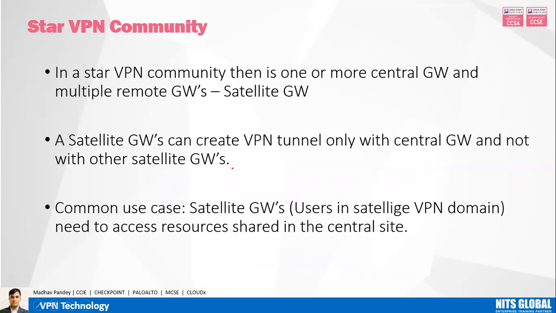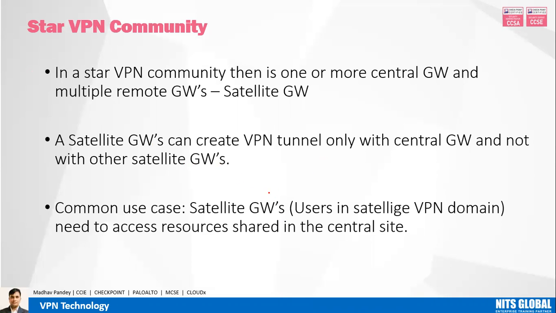Next one is the star VPN community. In a star VPN community, there are one or more central gateways and multiple remote gateways, called satellite gateways. Satellite gateways can create a VPN tunnel only with the central gateway. The other gateways are called satellite gateways, and the one central gateway is your master.